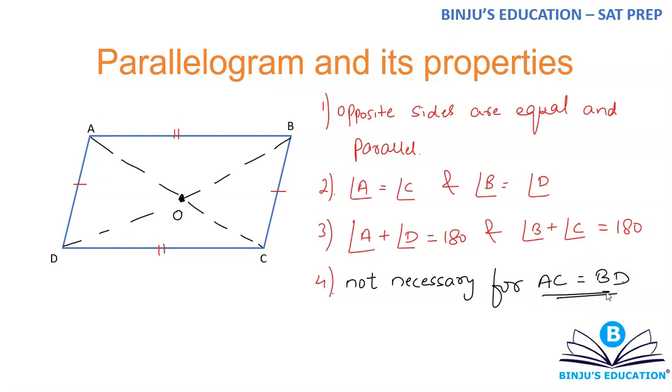It may happen, that depends upon the type of parallelogram that you have. For example, in case of a rectangle, diagonals are equal. In case of a square, diagonals are equal. In case of a rhombus, diagonals are not equal. They all are parallelograms. So we can't say for sure that diagonals are going to be equal. Property number 5, diagonals always bisect each other.